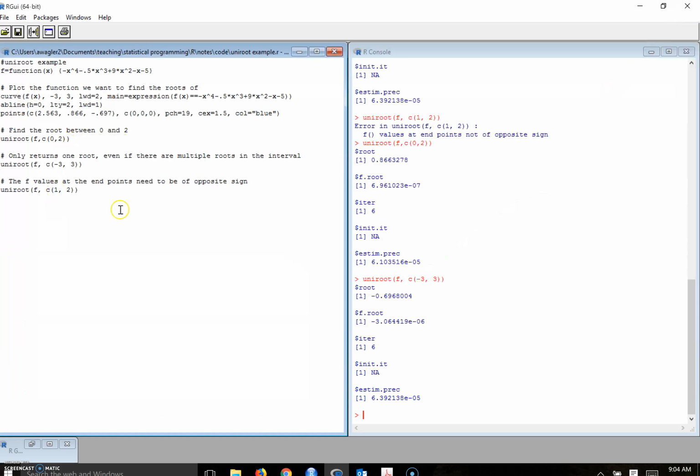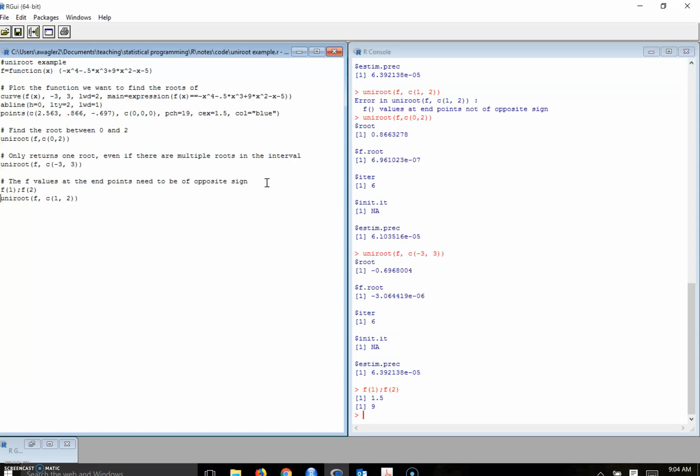Finally, we can run it between 1 and 2. Take a look before we run this. f of 1 and f of 2 can be evaluated. If you look at the end result, we get positive values for both f of 1 and f of 2. And as you know, you need opposite signs for your f values in order to find the zero. There's no zero between these points.